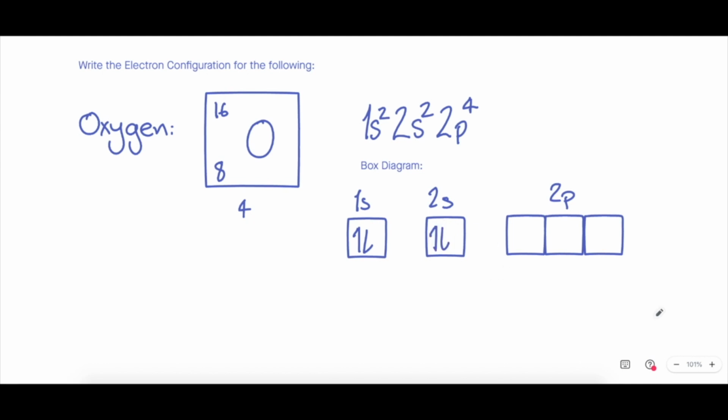Now for the 2p, the way you fill it up is you add 1 electron to each orbital first before pairing any of the electrons up. So you shouldn't be doing this: 1, 2, 3, 4. Because the electrons are not stable in this format. The electrons always want to stay as far apart as possible, and the repulsion will naturally keep them as far apart as possible.